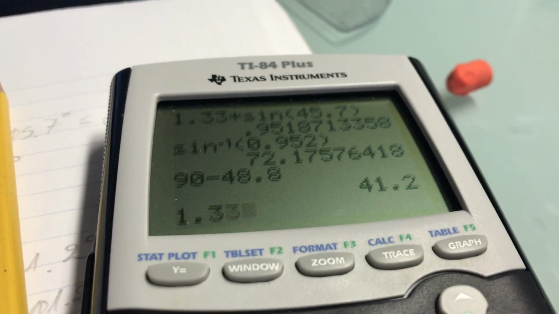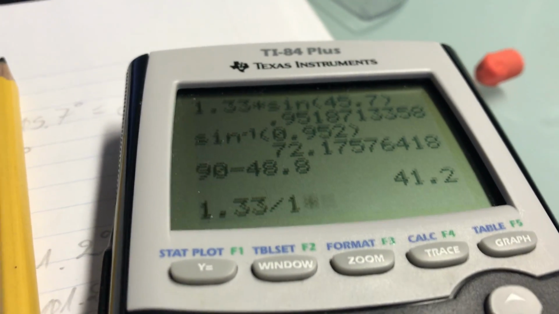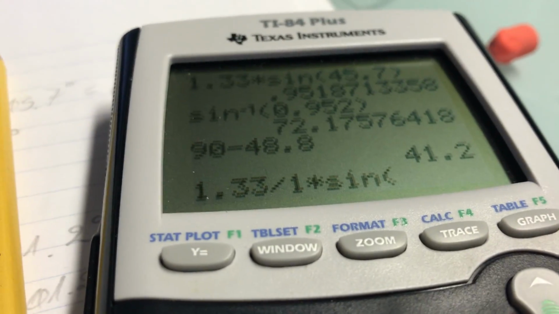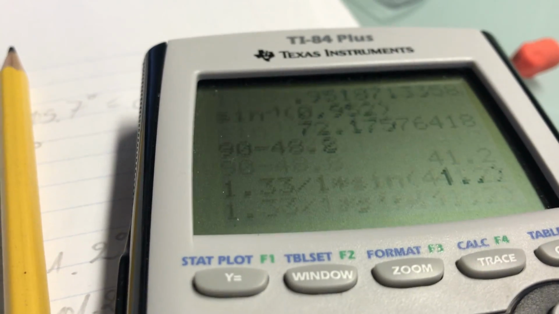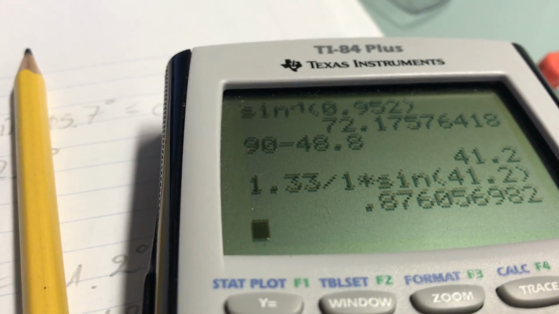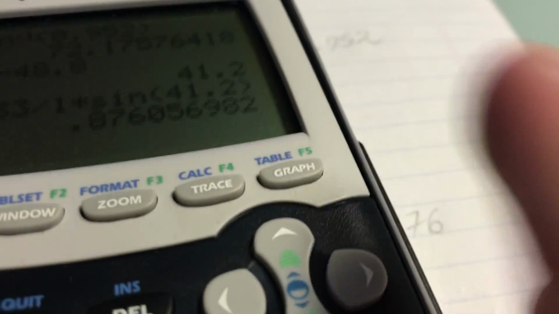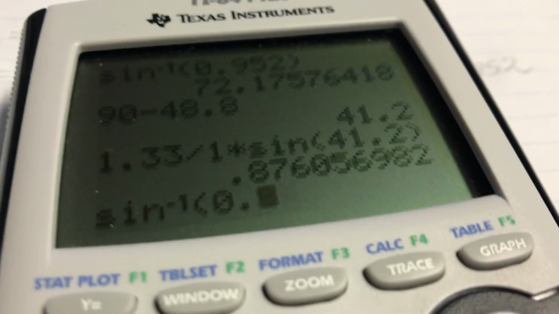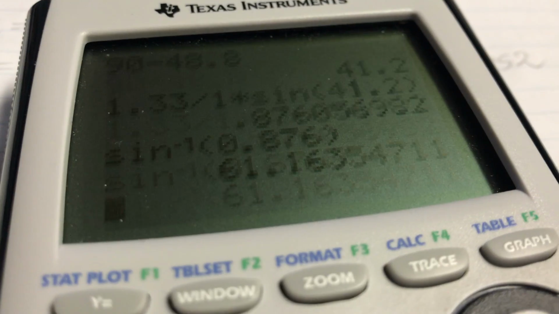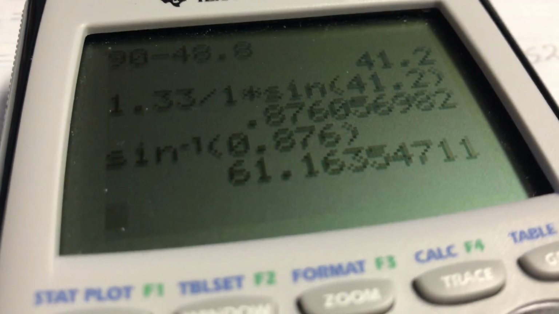Let's calculate that. 1.33 divided by 1, which stays the same, times sine 41.2 is 0.876. That means theta 1 is the inverse sine of 0.876, and that is 61.2 degrees.